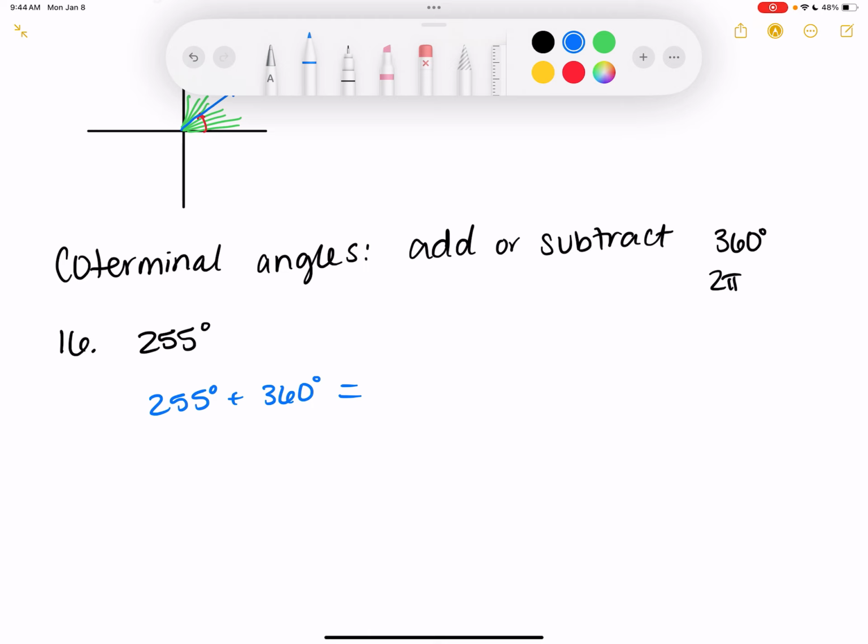That would be 5, 11, 615. So 615 degrees. Make sure you have your little degree symbol on there if you're doing degrees. And actually, I normally stack them when I do them just to make it easier to do the math on. Subtracting 360.